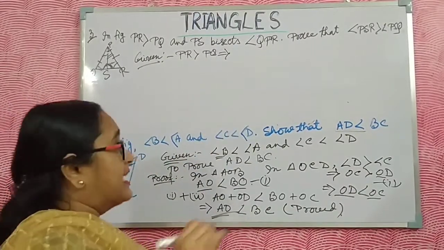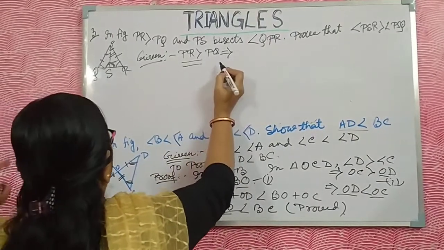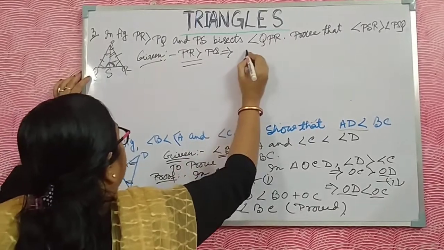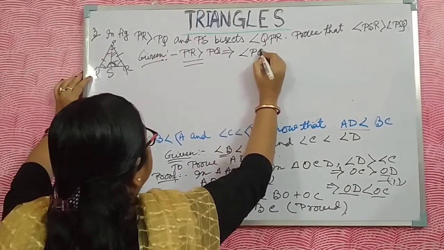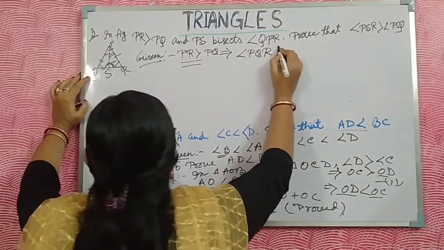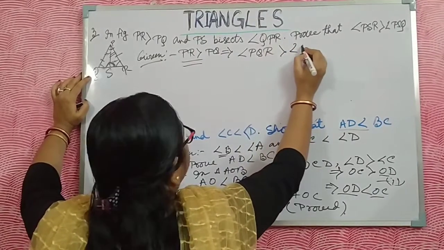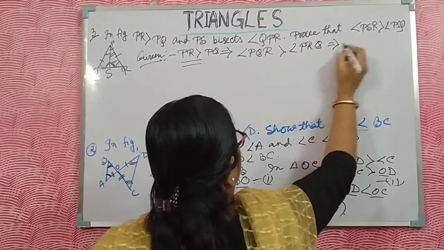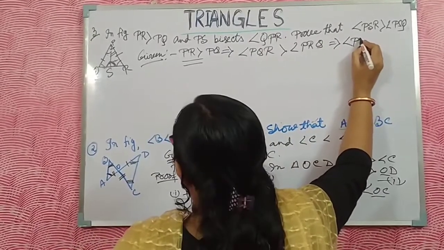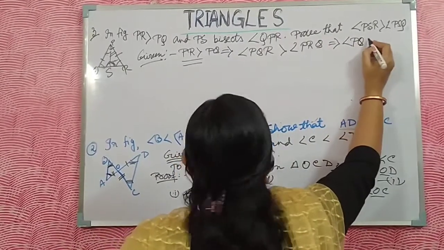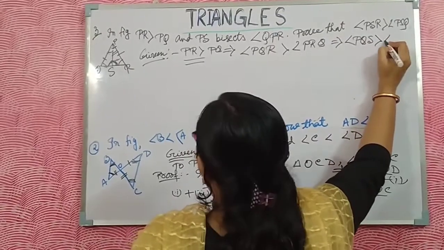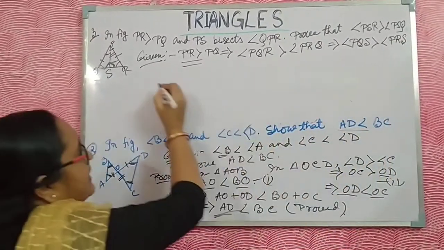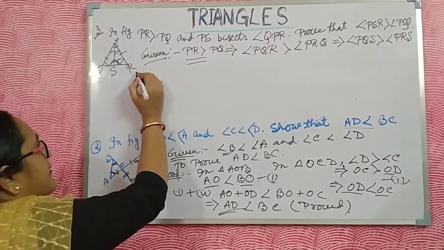That's why you can write PR greater than PQ, and then angle PQR greater than angle PRQ also. That implies you can also write PQS must be greater than PRS.